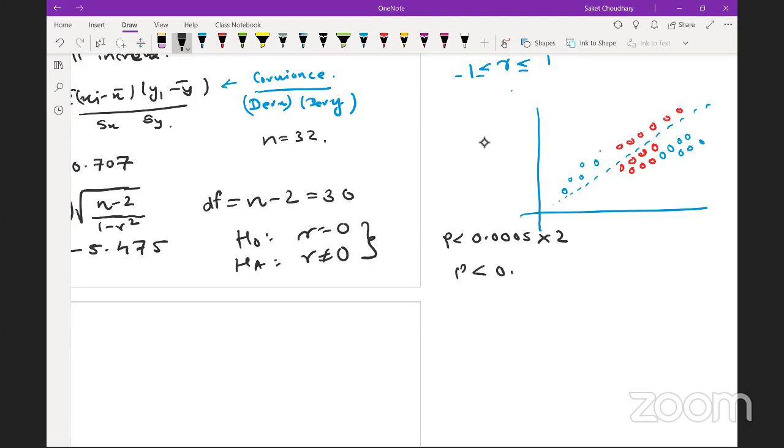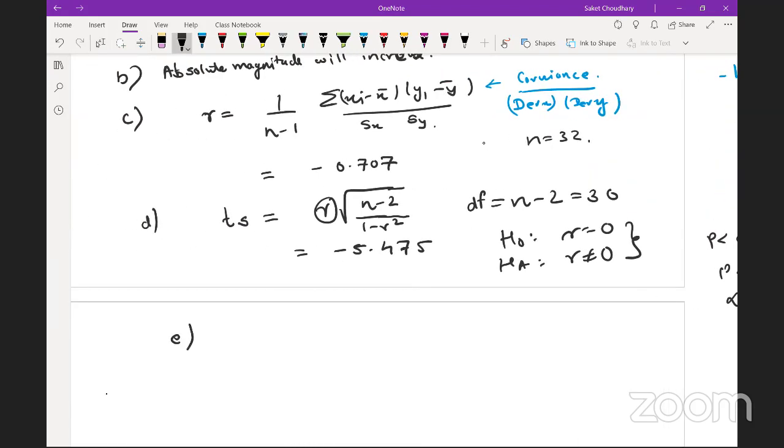So p is less than 0.01. And at alpha equal to 0.05, we reject H naught. In some sense, we are saying that we have enough evidence to reject the null, which says that the correlation coefficient is 0.